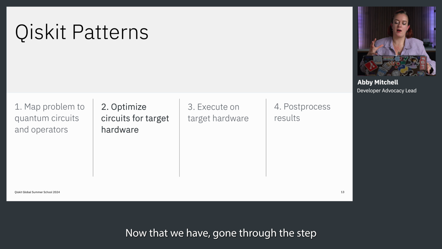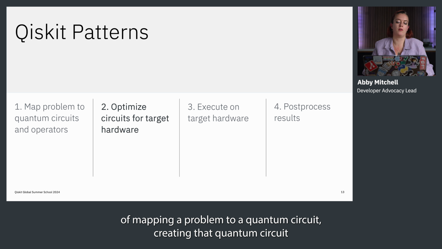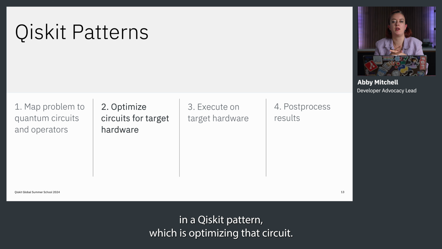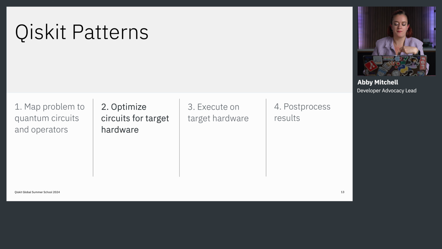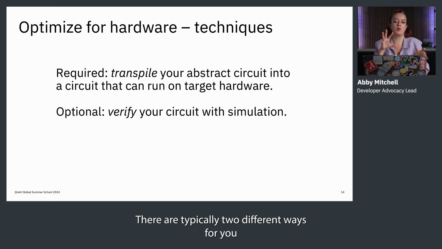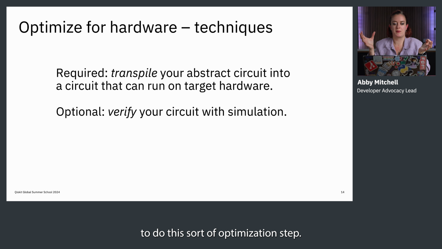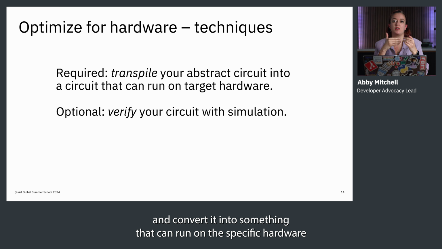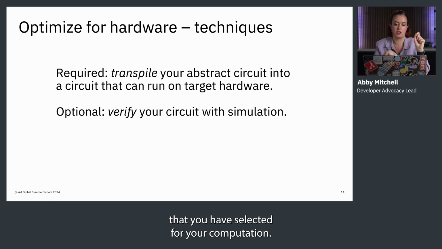Okay, now that we have gone through the step of mapping a problem to a quantum circuit, creating that quantum circuit using Qiskit, next up we are going to move on to the second step in a Qiskit pattern, which is optimizing that circuit. There are typically 2 different ways for you to do this optimization step. The first one is absolutely essential, and that is transpilation, where you have to take the circuit that you created and convert it into something that can run on the specific hardware that you have selected for your computation.